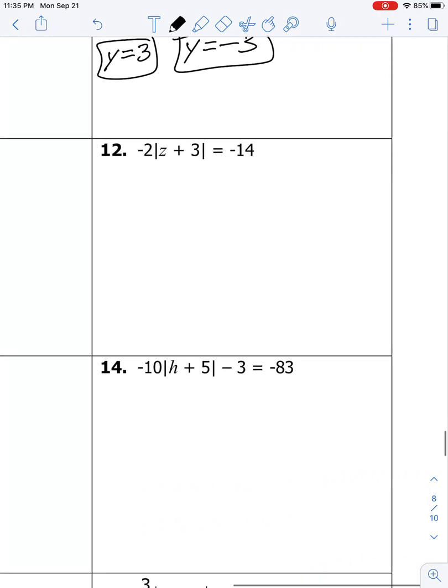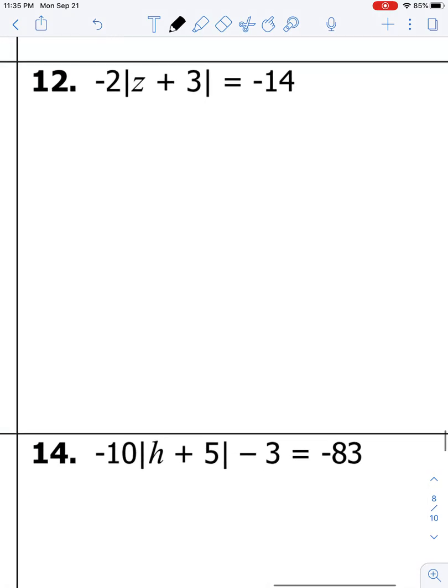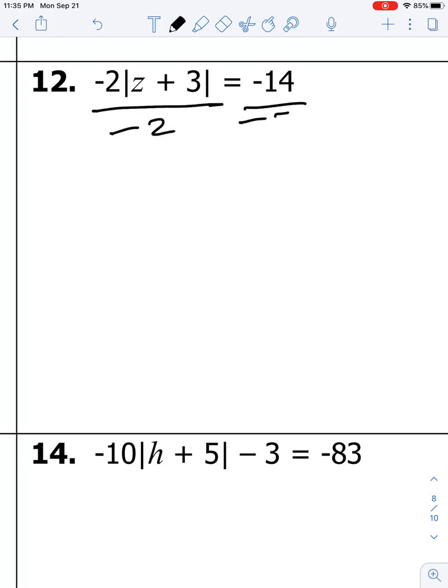Okay, number 12. All right, so we can see that we have a negative 2 in front of the absolute value. We need to get rid of that. That means that the absolute value is not by itself. So that negative 2 is right in front of it, which means multiplication. We need to divide by negative 2.